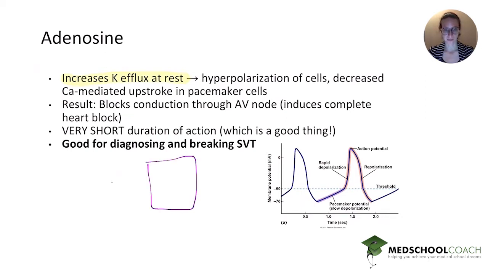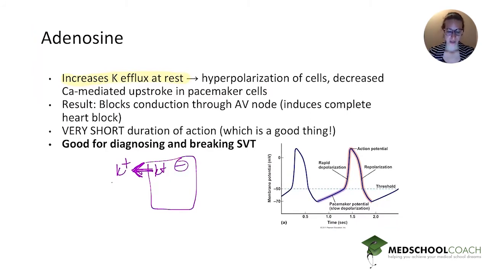So if here's our cell, our membrane potential is normally determined largely by potassium conductance, right? We've got potassium going from inside of the cell to outside of the cell. So we're moving a positive ion from in to out, resulting in a negative membrane potential. So the inside of the cell is negative as compared to the outside of the cell.